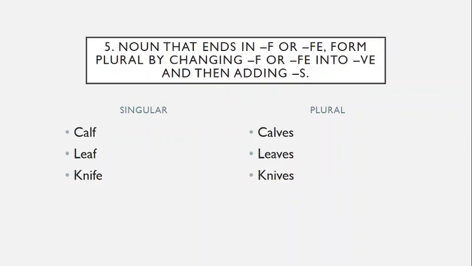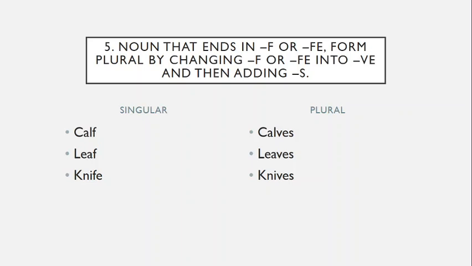Number 5. Nouns that end in f or fe form plurals by changing f or fe into ve and then adding s. Let's suppose there are some nouns that have f or fe at the end. Now what we will do?